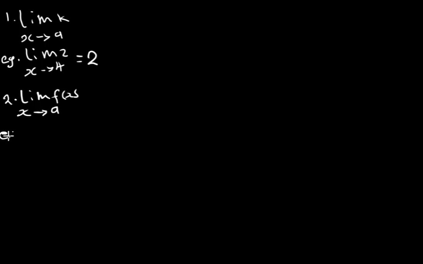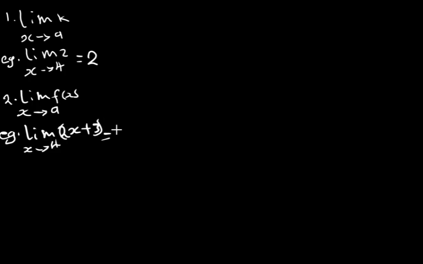Let's take the limit of 2x plus 3 as x approaches 4. In this case, it's very simple. Unlike the first one, here we have a function with a variable x inside, so we put the number that x approaches into the function given in the question.